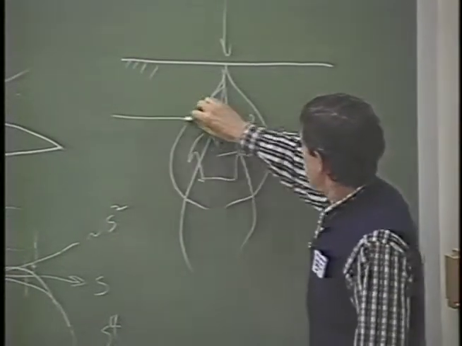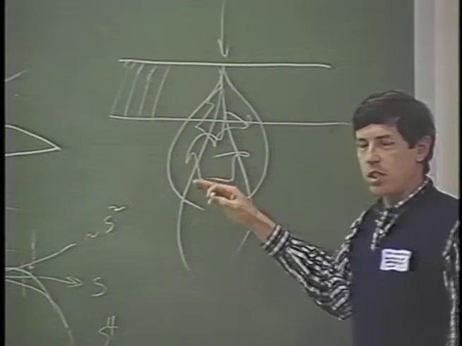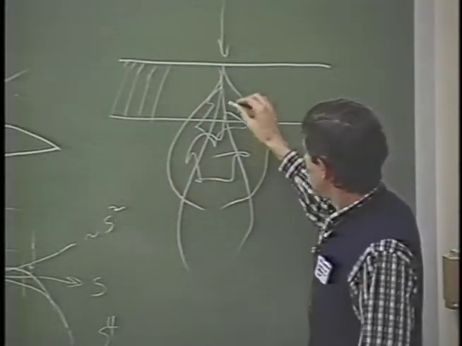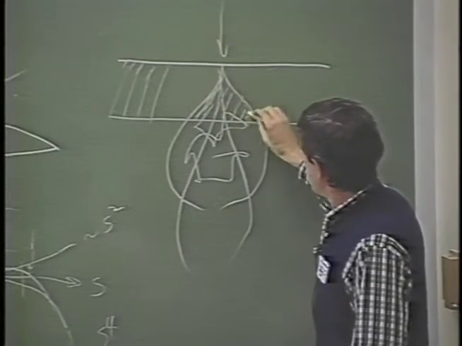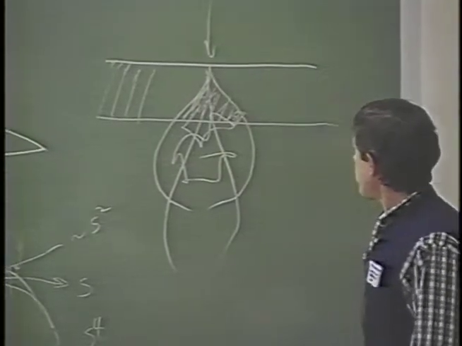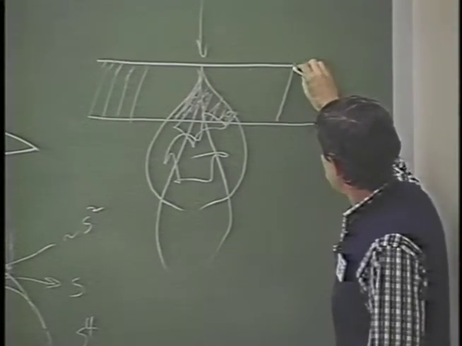So if this is the extent of the emulsion in the film, at 100 kV, you'll be exposing a region that's something like this here. At 400 kV, the region, the way I've got it drawn here, would look something like this.